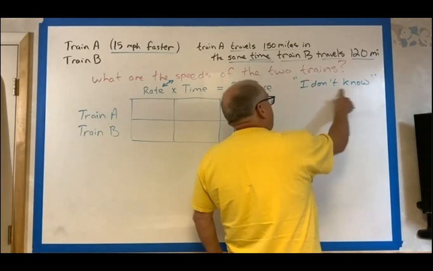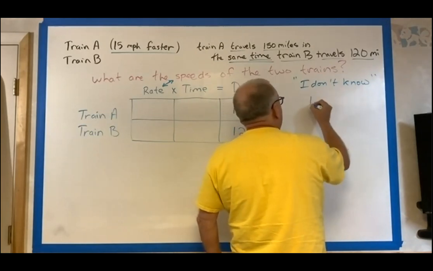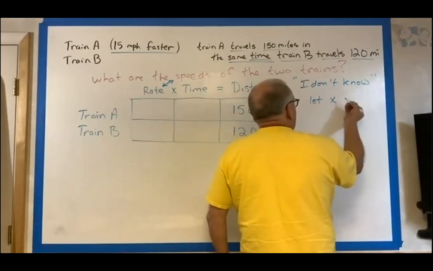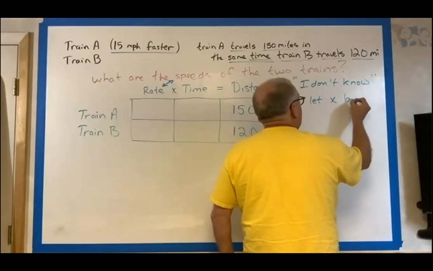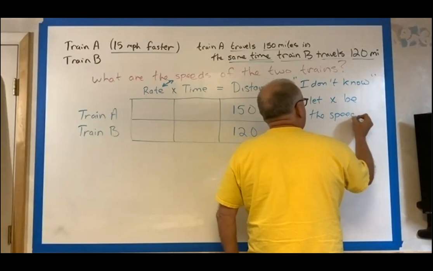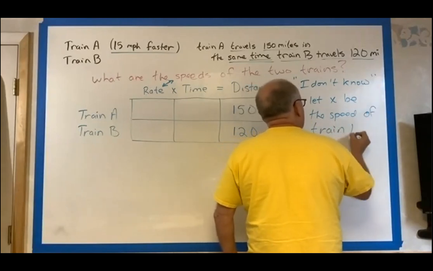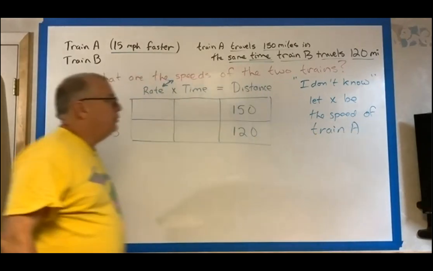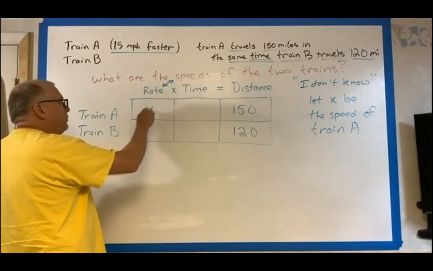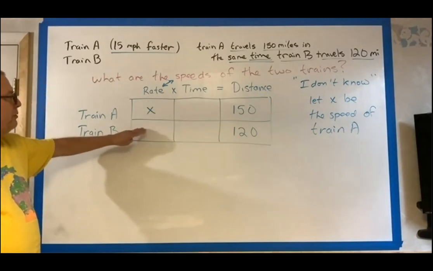The moment I say I don't know, that's a variable. Let X be the speed of train A, the rate of train A. I can actually fill in this box now, train B's speed.